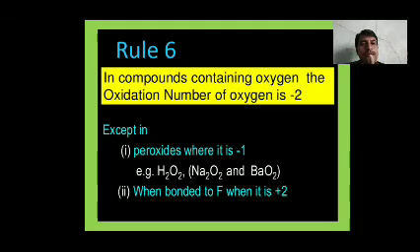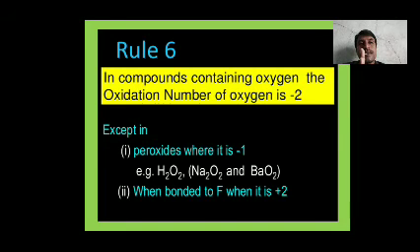When bonded to fluorine, it is plus 1 or plus 2. Dioxygen difluoride, oxygen difluoride. In dioxygen difluoride, the oxygen oxidation number is plus 1, in oxygen difluoride it is plus 2.